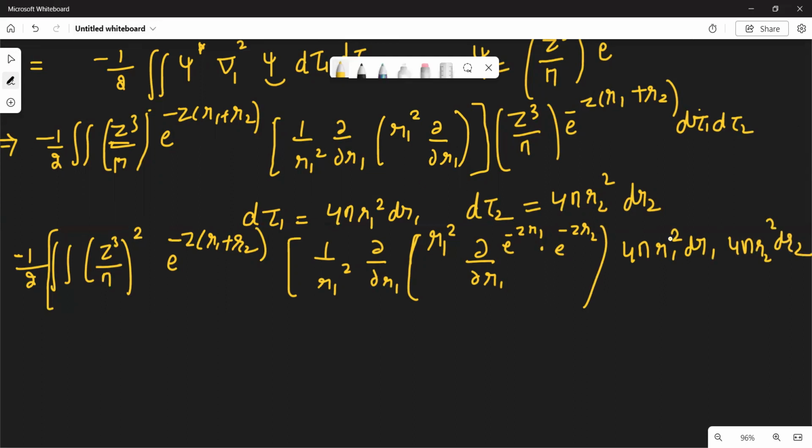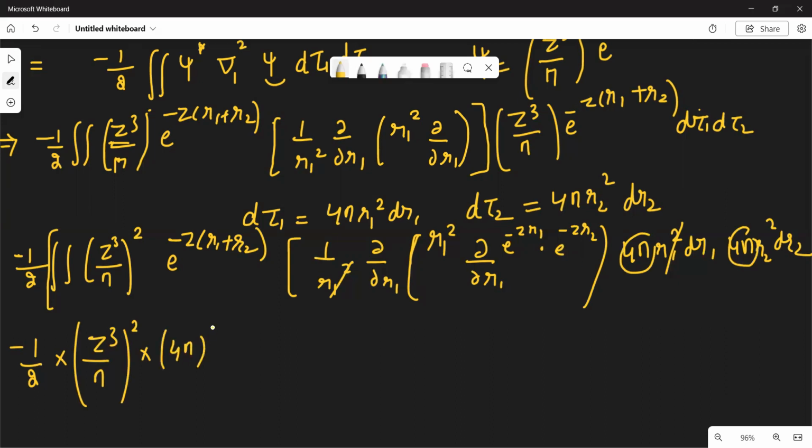Okay. Now students, this r1 square will be cancelled out with this. And now I will take out all the constant terms outside the integration sign. So here we have Z cube by pi whole square, and we have this 4 pi 2 times, which is also a constant term, so I'm writing 4 pi whole square here. Inside the integration sign, we have the exponential, which I'm also splitting into two parts.